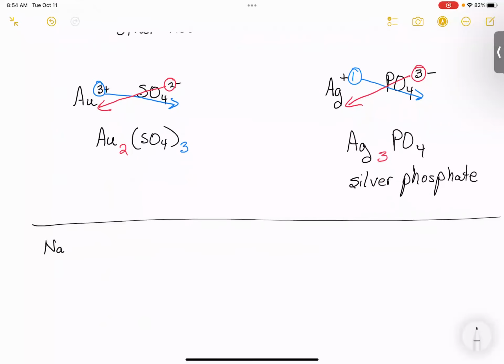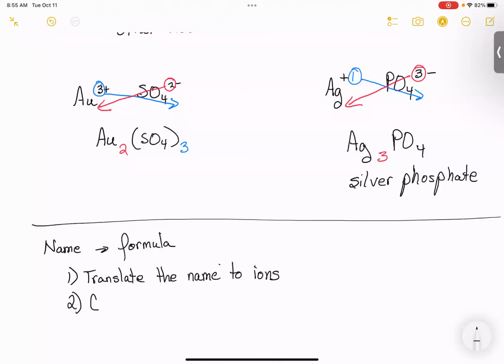So if you go from name to formula, the very first thing you're going to do is translate the name to the appropriate ions. And then you do the cross, drop, simplify.